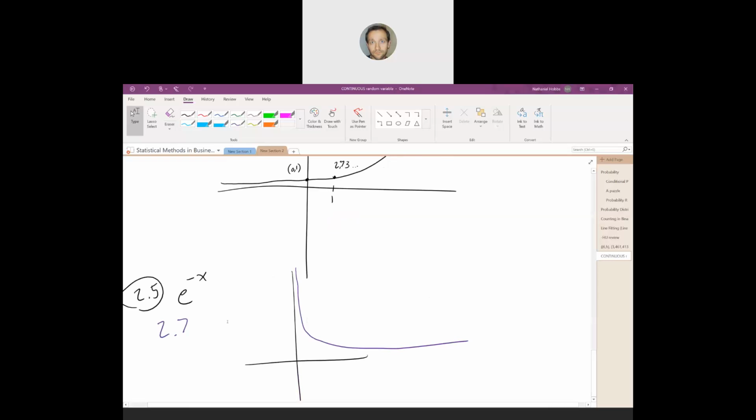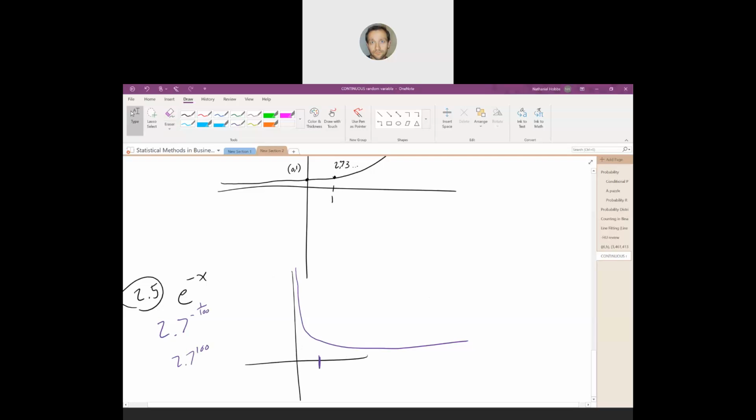Yeah, so 2.7 to the minus 100 is 1 over 2.7 to the 100. No, you can't have minus 100. Sorry, I've got to make this less than 1. 2.7 to the 1 over 100. This becomes 2.7 to the 100, which is a very, very large number.